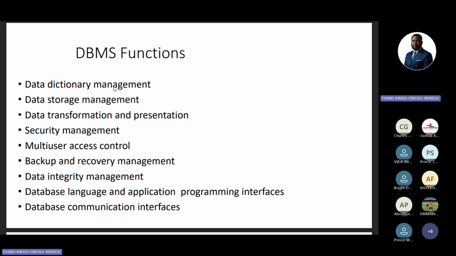Data integrity and management. One of the things as a database programmer or designer, or wherever you belong in the career in this course, that you want to keep is the ability for your data not to be compromised.